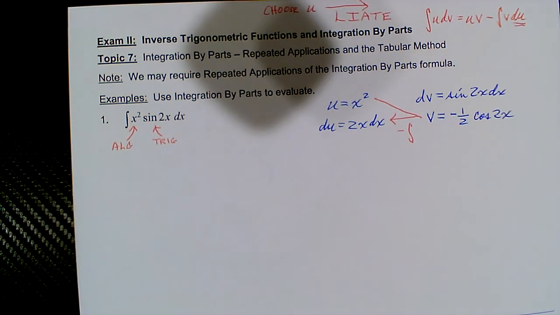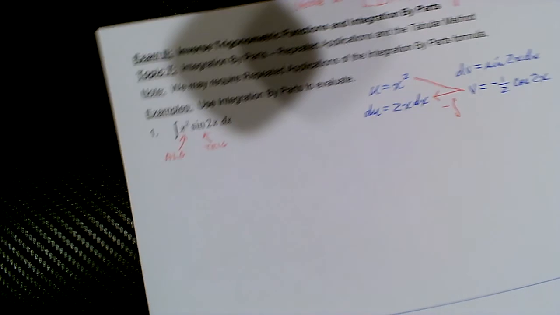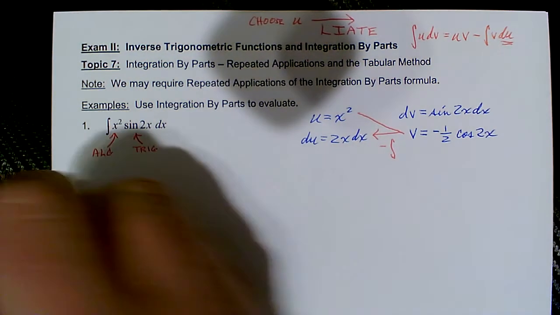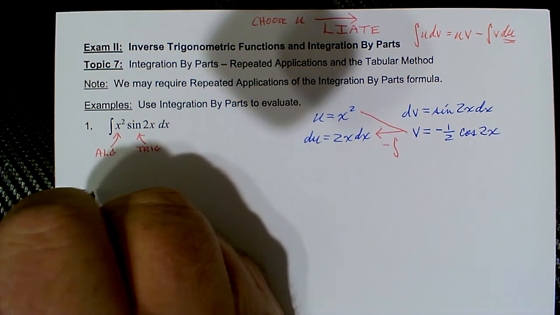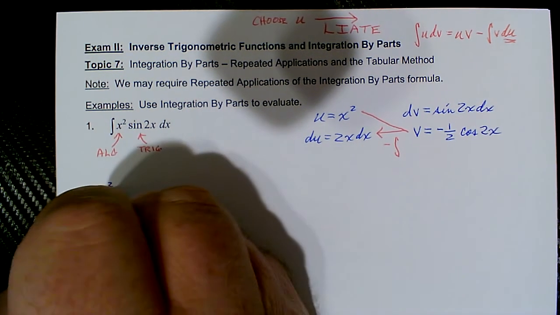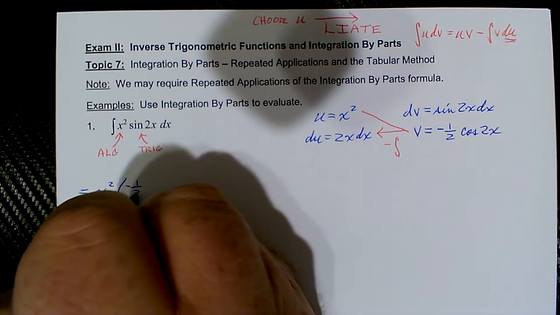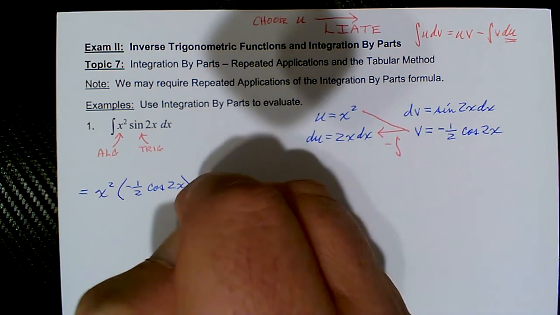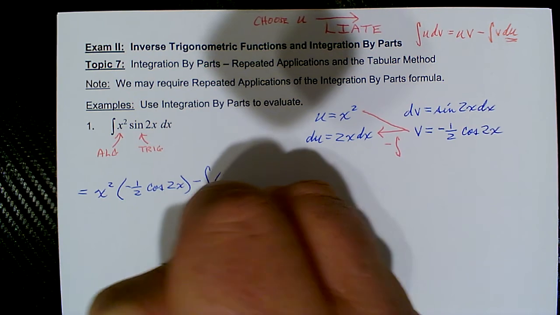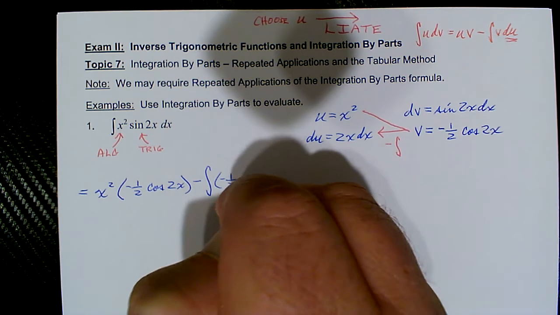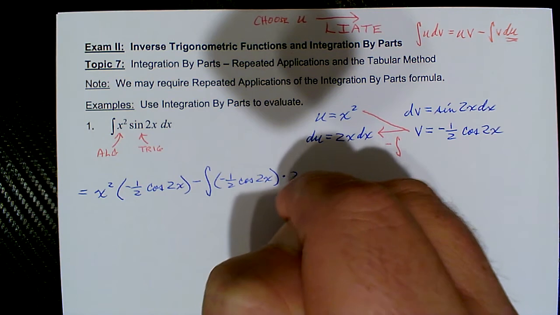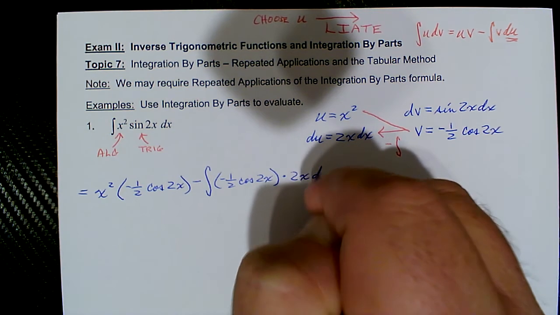And so we have u, which is x squared times v, negative 1/2 cosine 2x, and then minus the integral of v, negative 1/2 cosine 2x, times our du, which was 2x dx.